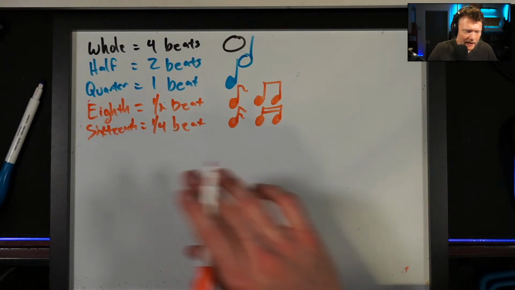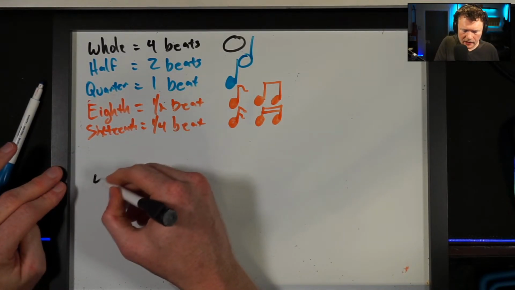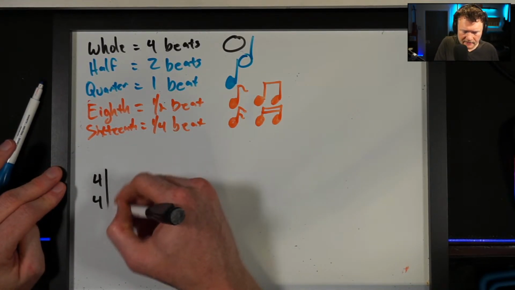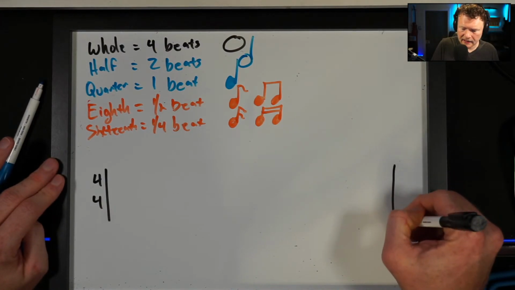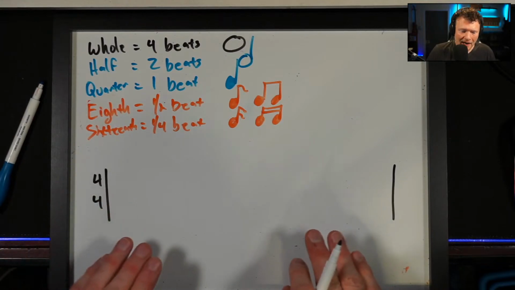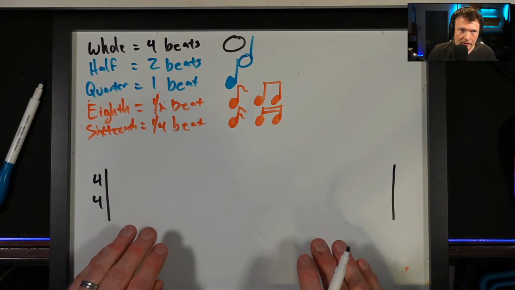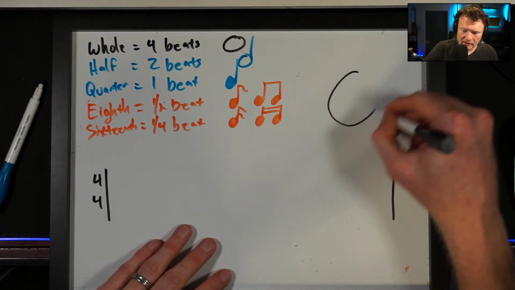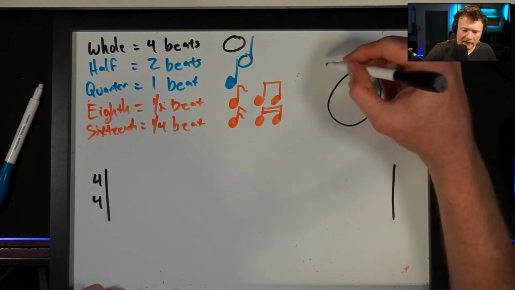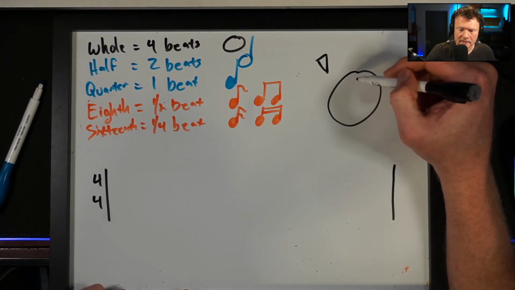But right now, again, it's real important to understand that in a 4/4 measure, there are how many beats in the measure? There are 4 beats. Okay. So this is a super important rule: you cannot exceed the number of beats that are in the measure. Just like our pizza, this is our whole pizza. If you got this extra slice over here, you can't cram it into the pizza. It doesn't fit.